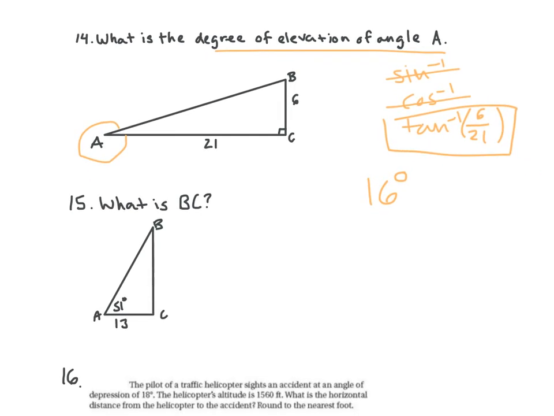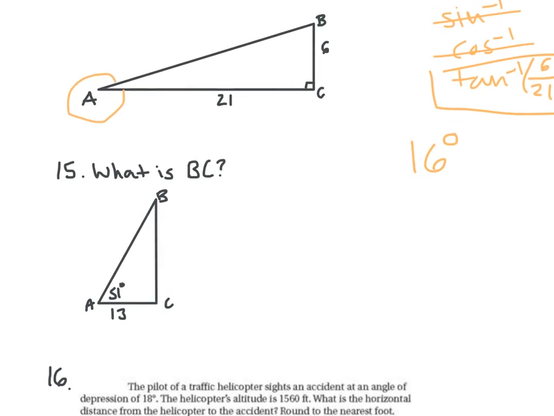Ready for 15? Okay, what is BC? So we're looking for side length BC here. So we can call this X. So how do we find X? What do we need to use here? Tangent. Perfect. Tangent of what? 51, because we're using angle A. And tangent is opposite over adjacent.